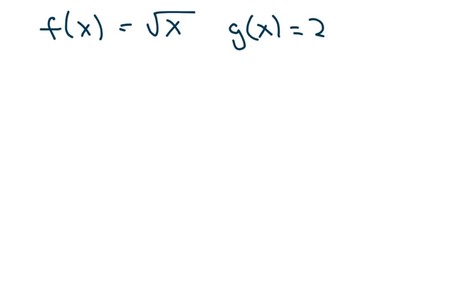25 is f of x equals the square root of x, and g of x equals 2x plus 3. Now g can be all real numbers, because it has no fractions.